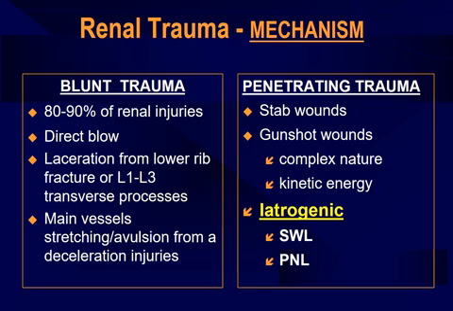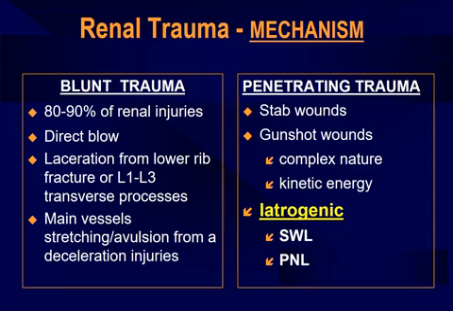Blunt trauma constitutes about 90% of renal injury, like direct blow, laceration from traumatized or fractured lower limb, or fracture of the transverse process of lumbar vertebrae between 1 and 3, and the main vessels may also be injured by blunt trauma, like deceleration injury.